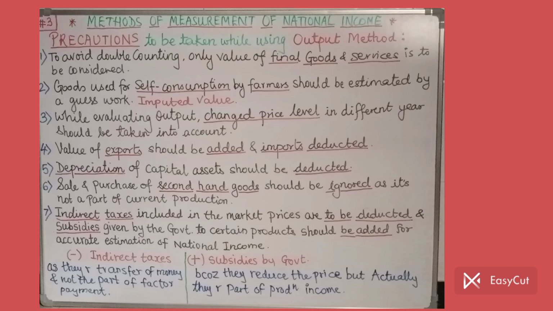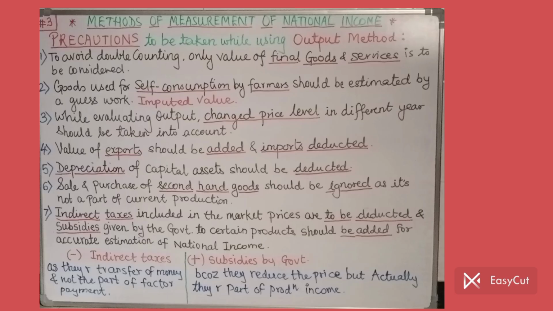See, in the case of some products, the government does provide a subsidy. So such subsidies provided by the government to certain products should be added back for the accurate estimation of our national income. Now there may be a doubt in your mind why it is to be done so. I have written the reason clearly on the board.